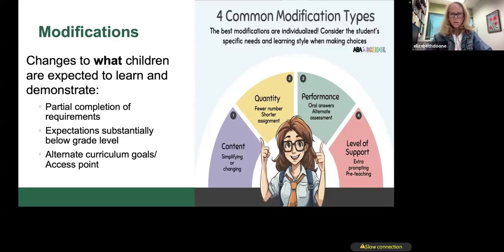So if I have a high school student who's performing well below grade level and I'm doing modifications, and everybody in the class is reading one book and I give them a low level primer, that would not be an appropriate modification. I want to make sure that the content is close to the content that the other students are accessing in terms of the subject area and what they're looking at.